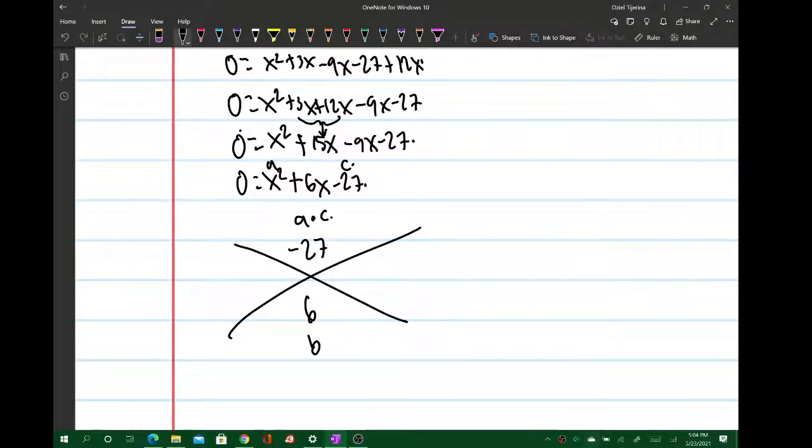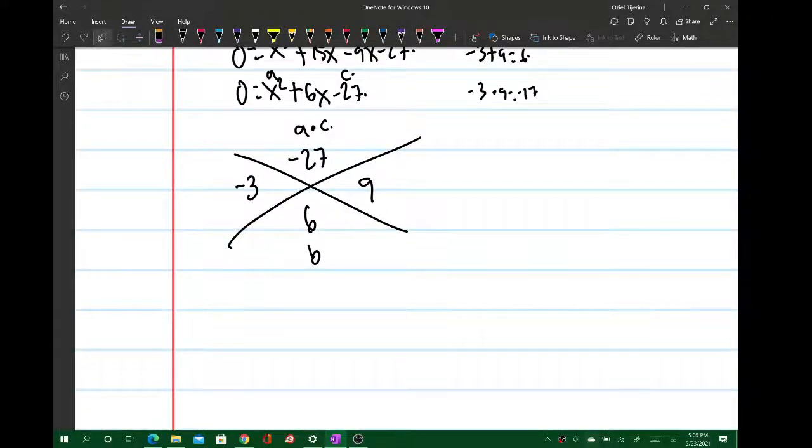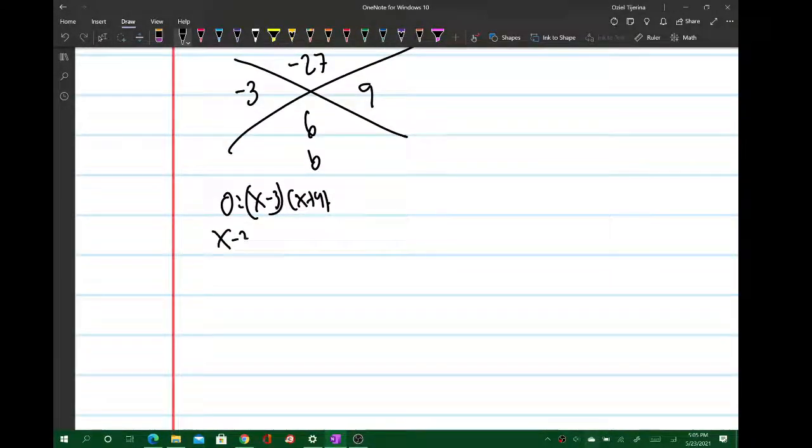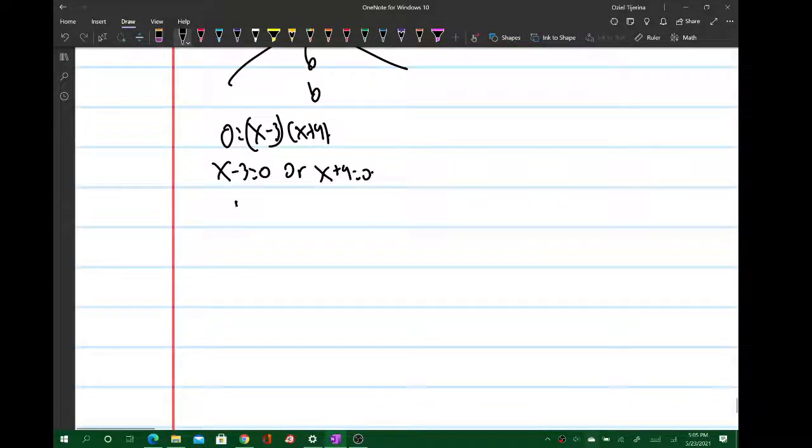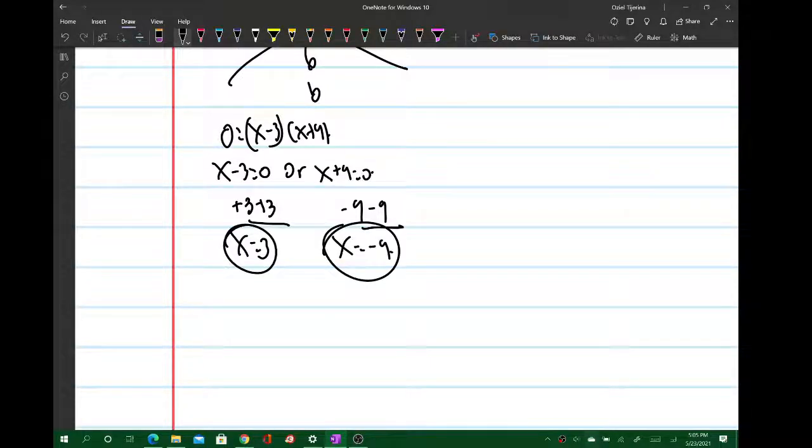Two numbers that multiply to negative 27 and add to 6 are negative 3 and 9, because negative 3 plus 9 equals 6, and negative 3 times 9 equals negative 27. So then we have 0 equals x minus 3 times x plus 9. And then x minus 3 equals 0, or x plus 9 equals 0. We solve those two linear equations for x. We get x equals 3, and then x equals negative 9, right?